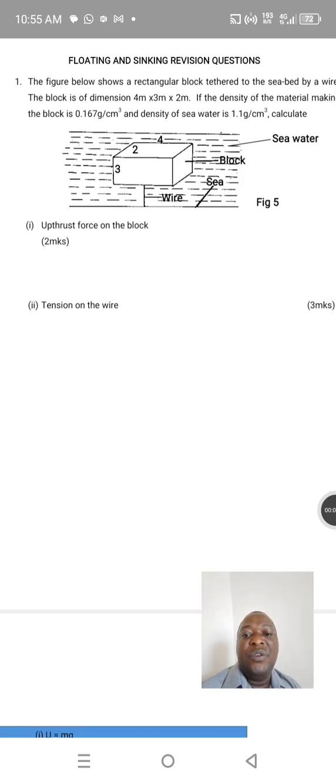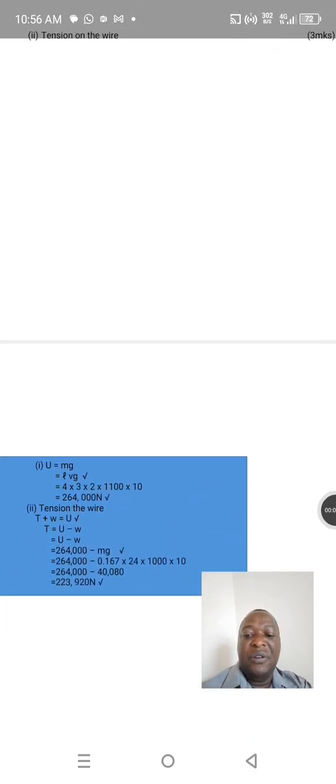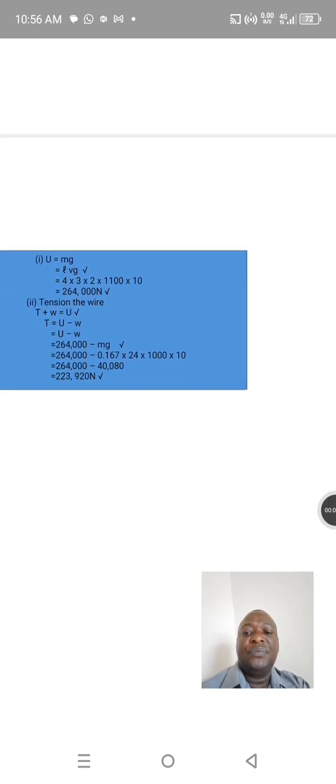Now the question is, how do we then find the tension? We say that T plus W is equal to U. Therefore, it means that T is equal to U minus W, as we can see in the solution below for (ii). Now, our upthrust was 264,000, then we are saying minus the weight, which is mg.